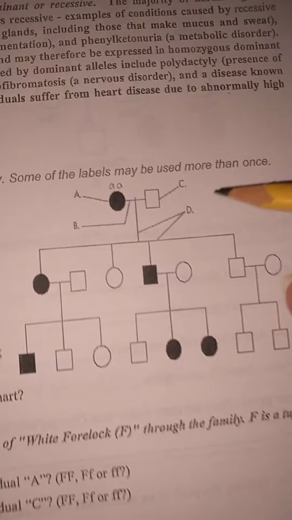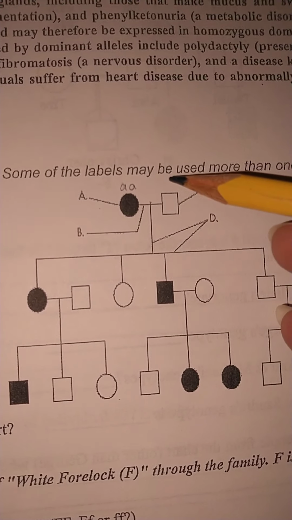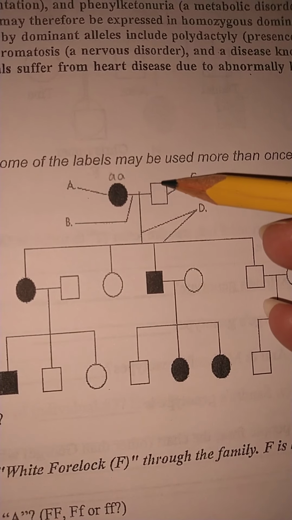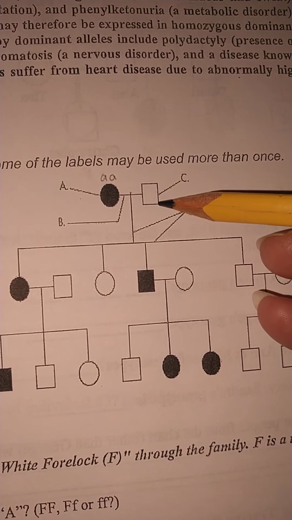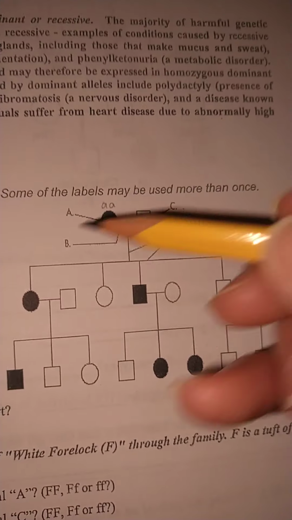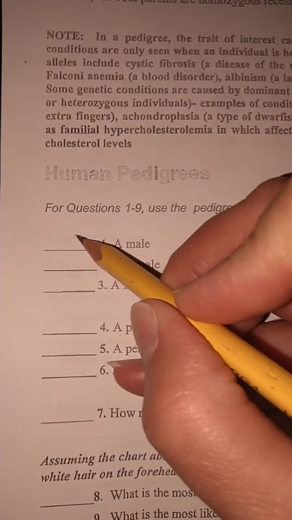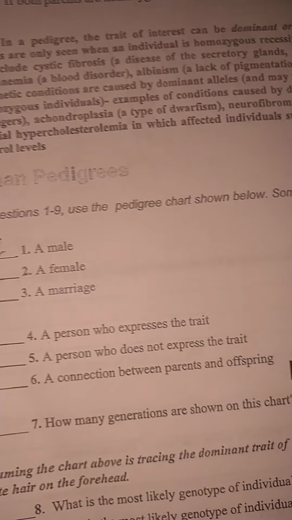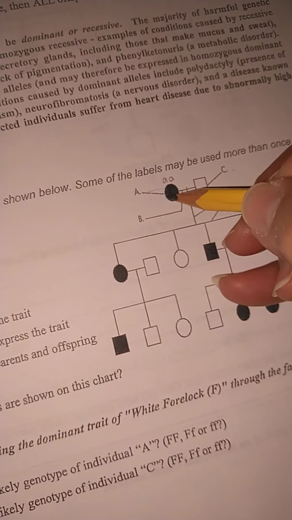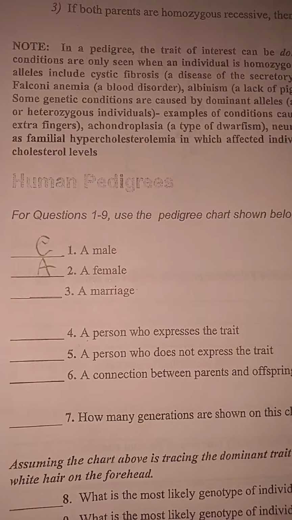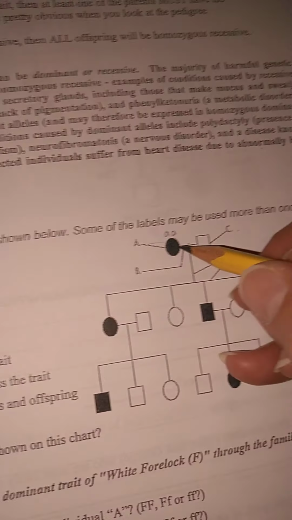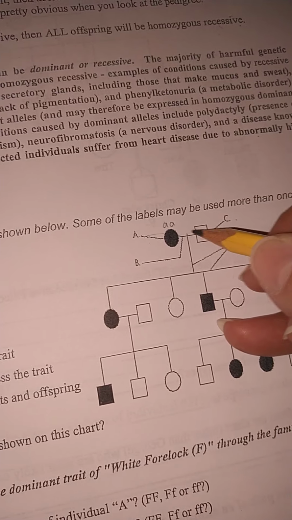We want to know who is a male. We said females are circles, males are squares. So if it's a male, then it's going to be C. Female, that's going to be A. A marriage, we said a marriage is the line that links the male to the female.